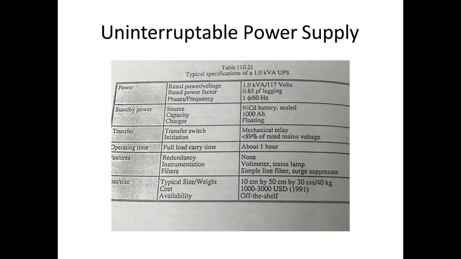Now we have different tables which represent the specifications of small, medium, and large UPS. So a typical specification of a 1 kVA UPS: its power, standby power, how the transfer is done, its operating time, features, and size.